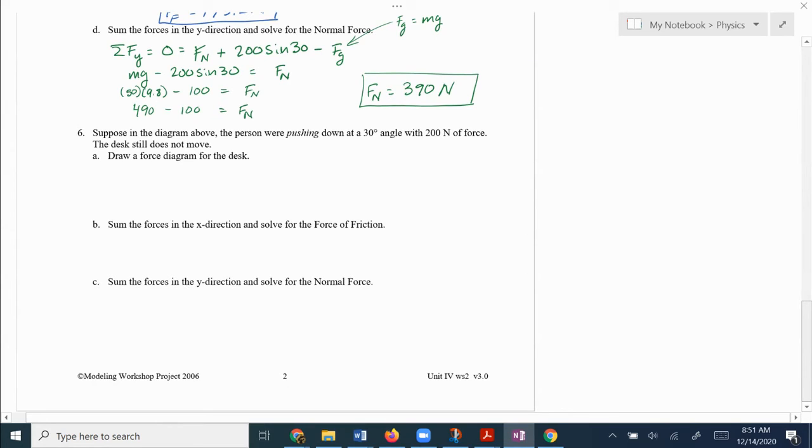On this one, it's basically the same idea, except that we're pushing down on it. And so you could do the force diagram in a couple different ways, but I'm going to draw it so that we're pushing down kind of in that direction. We also have our force of gravity.